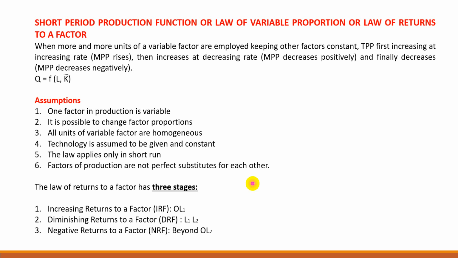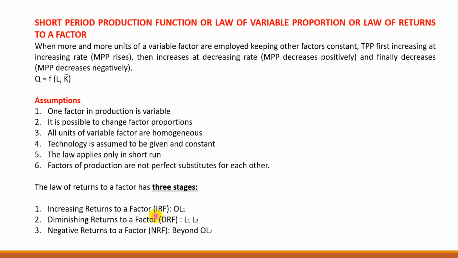The relation between variable factor and physical output has 3 stages, which are: stage 1, increasing returns to a factor. In this stage, total output increases at an increasing rate and marginal physical product, that is MPP, also increases.